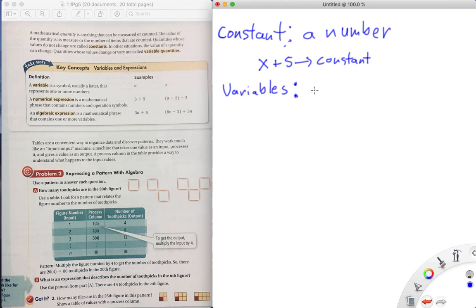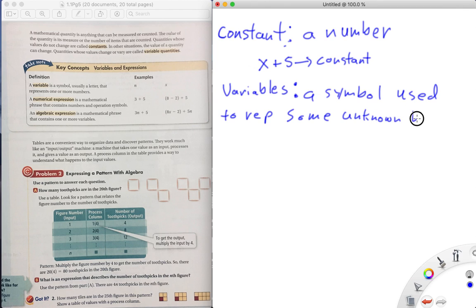A variable is a symbol, usually a letter, used to represent some unknown value. A symbol used to represent some unknown value.